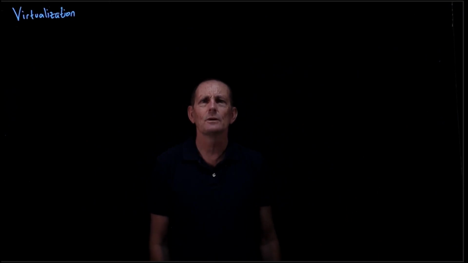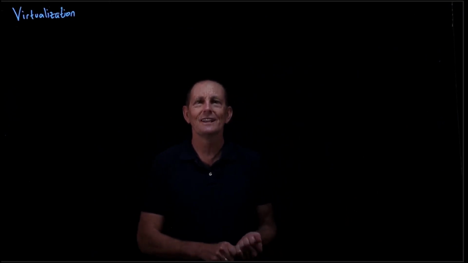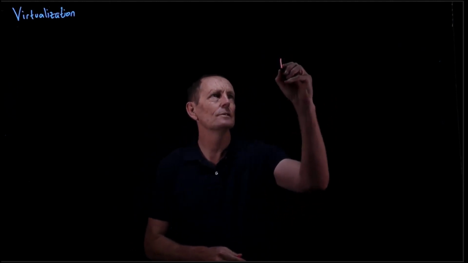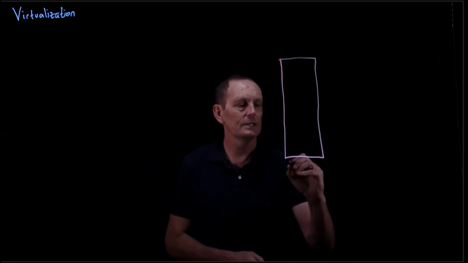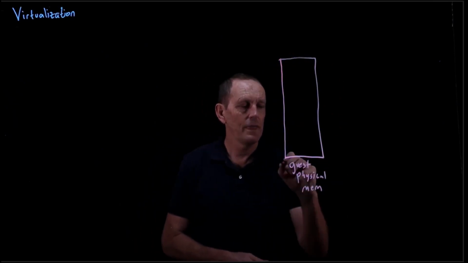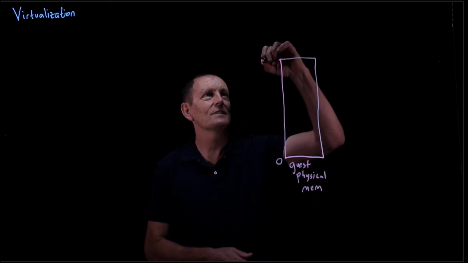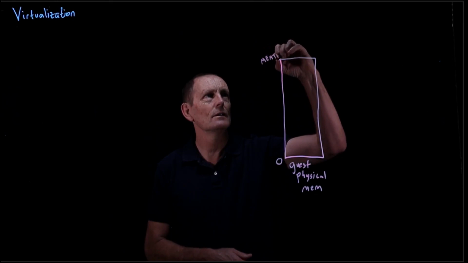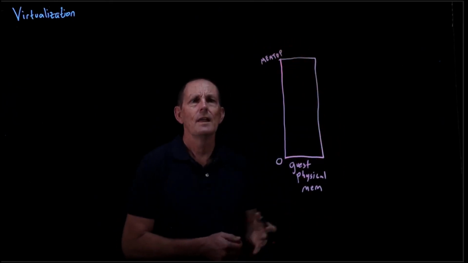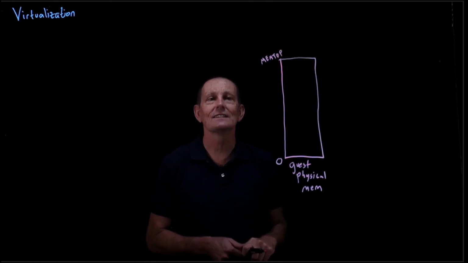Now we need to figure out what to do about memory. We want to maintain this illusion that each VM has dedicated physical memory. So this is our guest physical memory that it sees as memory from 0 up to some mem top. This memory is actually going to be allocated by the VMM, and it's not physical at all.